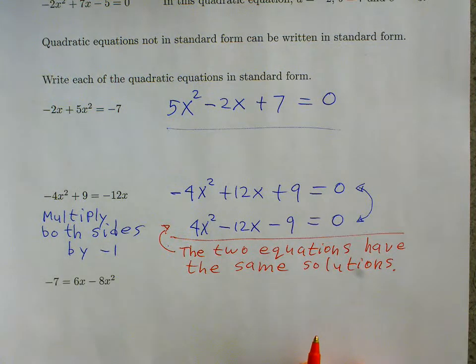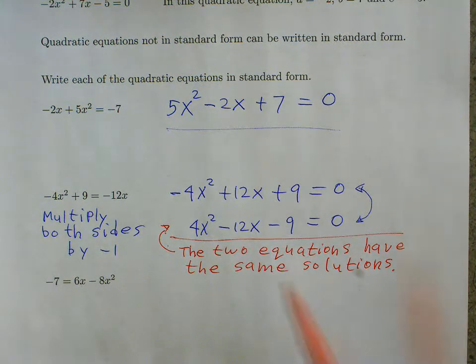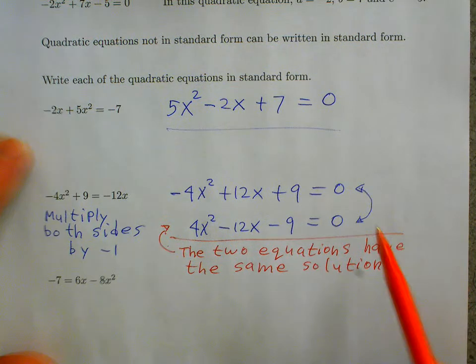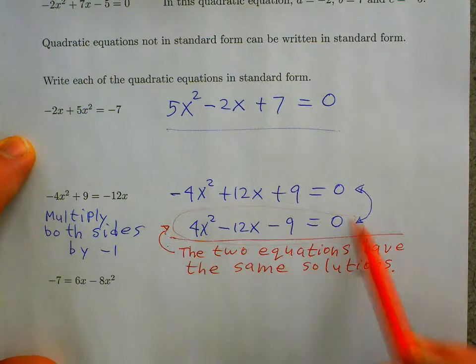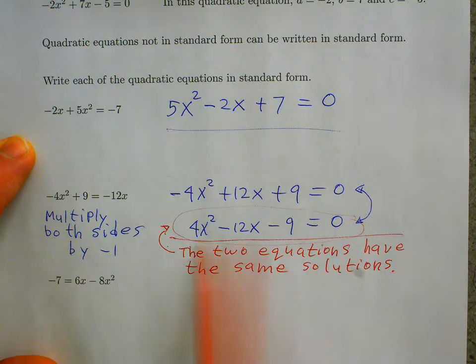So in my opinion, that's useful information because also in my opinion, solving a quadratic equation that's in standard form is generally easier if the coefficient of the x squared term is positive.